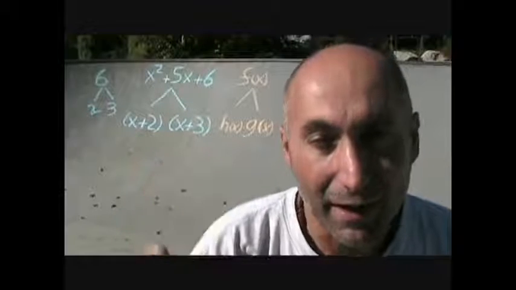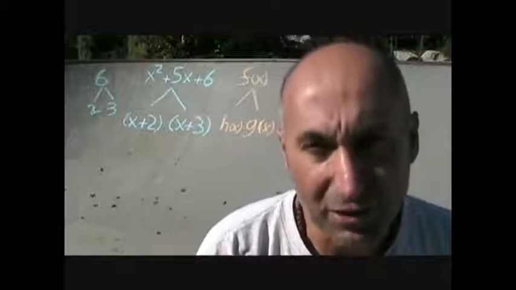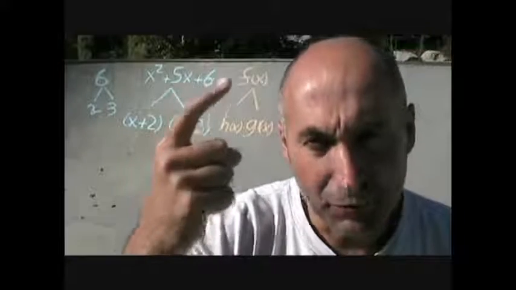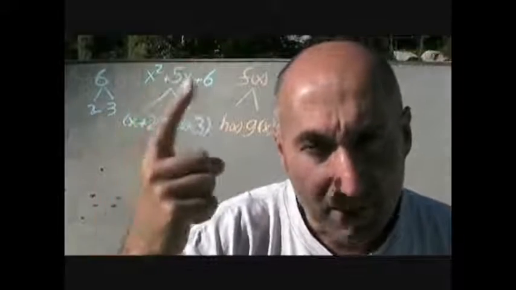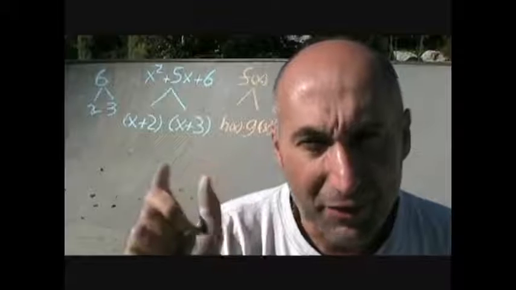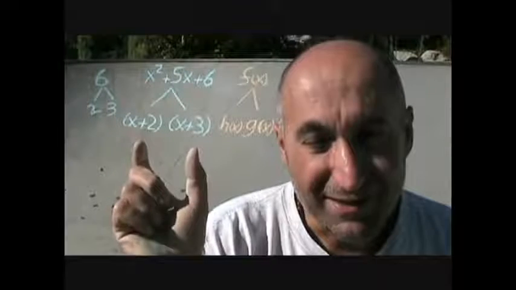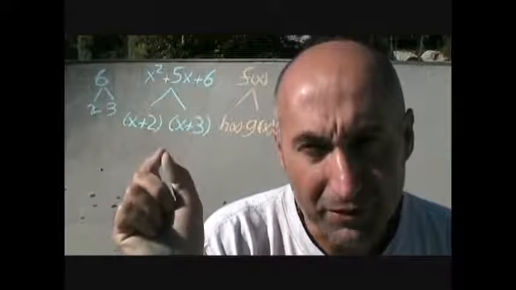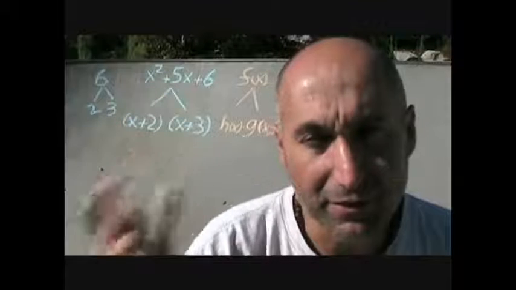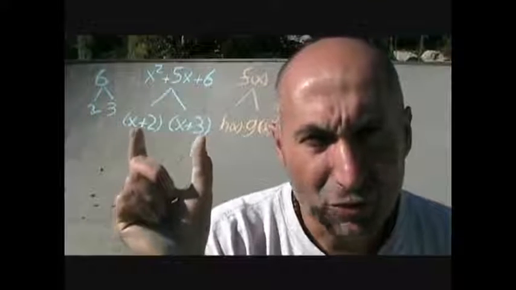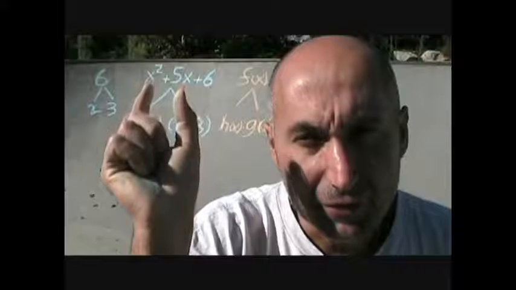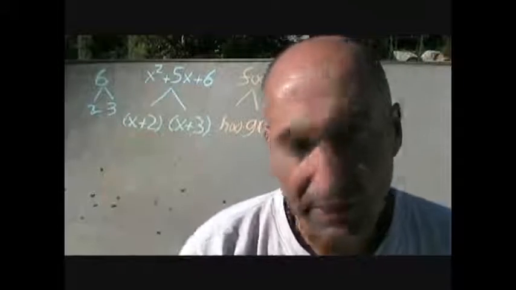This guy is a parabola, so we're taking our parabola and breaking it down into 2 functions that aren't parabolas, multiplied together to give you the parabola. And these 2 guys here are linear functions, they're lines. So 2 lines multiplied together give you a parabola, and this is what it's going to look like.